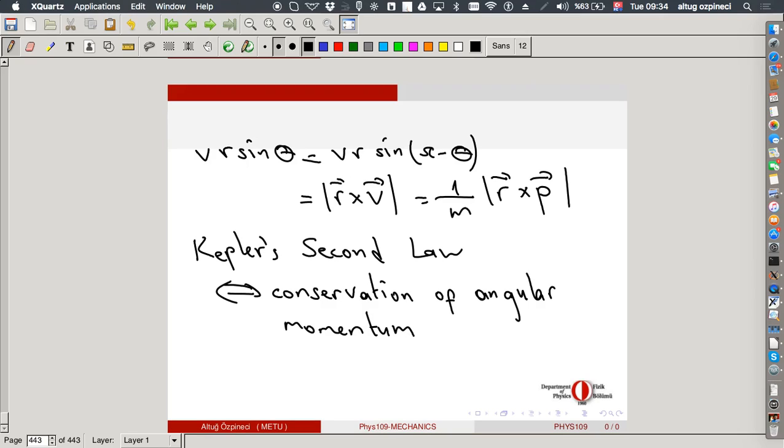Well, it's not exactly, because the conservation of angular momentum tells us that the vector is conserved. Here, Kepler's second law just tells us that the magnitude of the angular momentum is conserved.